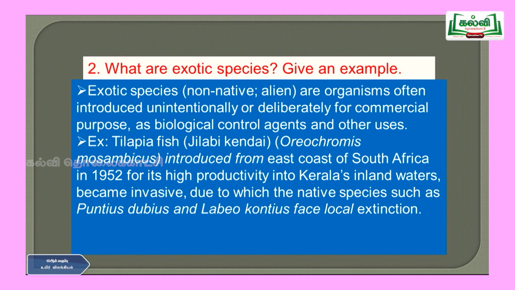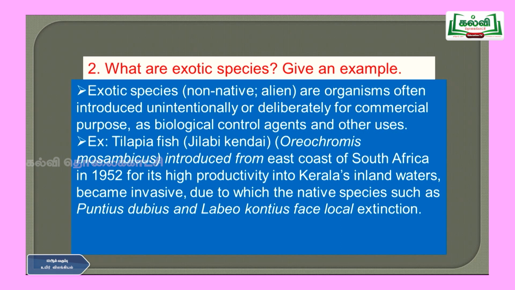Then the second question, what are exotic species? Give an example. Exotic species are non-native or alien, that is they come from other places which are not native to that particular area, or organisms often introduced unintentionally or deliberately for commercial purposes, as biological control agents and other uses.